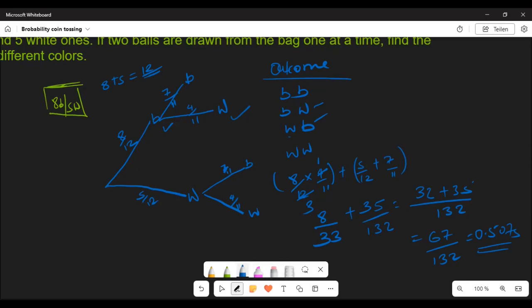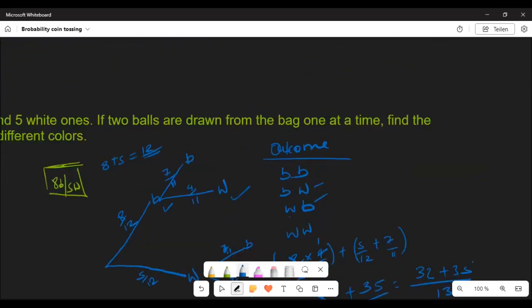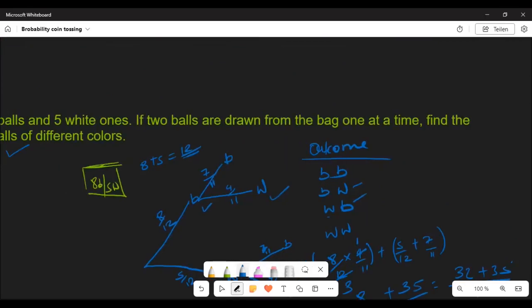But also we just want to say the probability of getting at least 2 different colors in every drawing that we do.